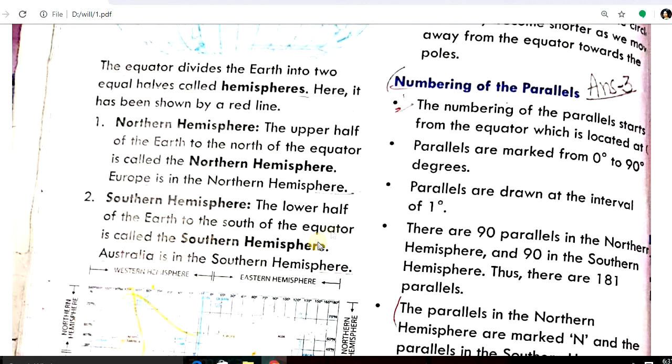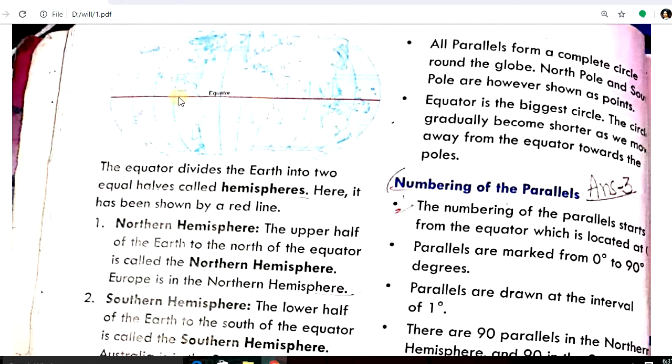Now have you understood this? Now how will numbering the parallels? The numbering of the parallels starts from the equator, which is located at 0 degree. This is the equator. We start numbering from equator.